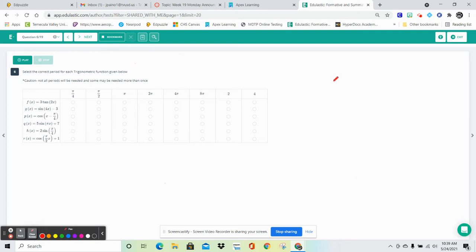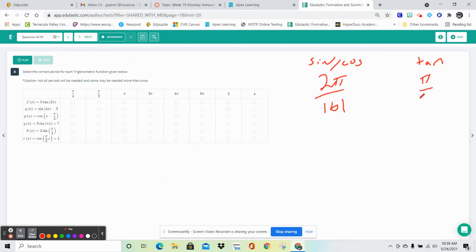So I need to remember the period for sine and cosine is 2 pi divided by the absolute value of b. And for tangent functions, which is on here as well, it's just pi over the absolute value of b.